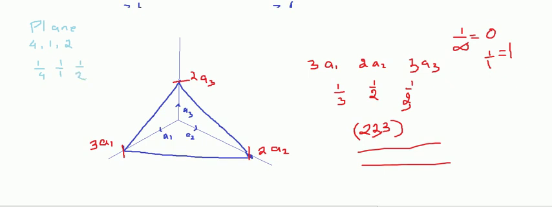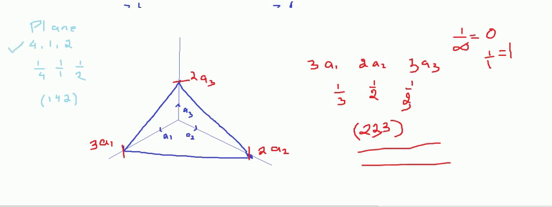Now these are the reciprocals. So what are the smallest 3 integers having the same ratio? The smallest 3 integers having the same ratio are 1, 4 and 2. So this is the Miller indices of this.